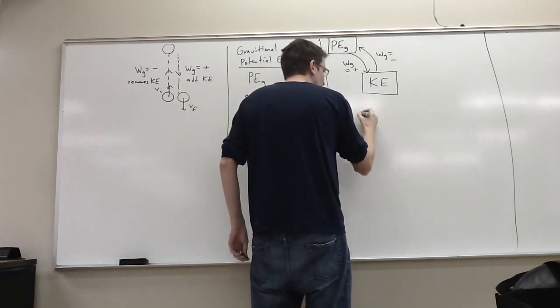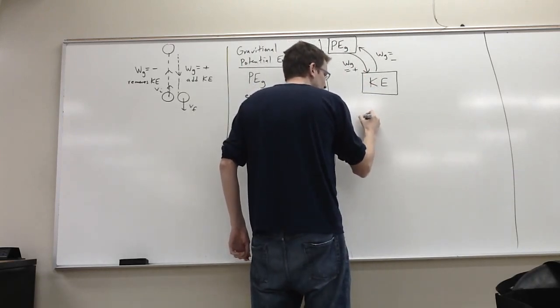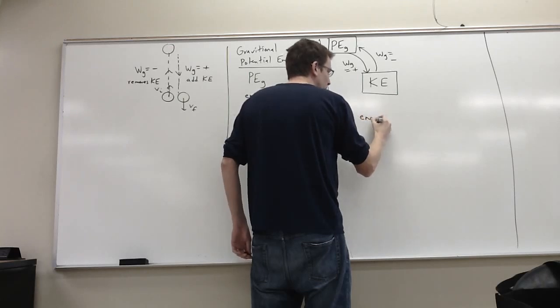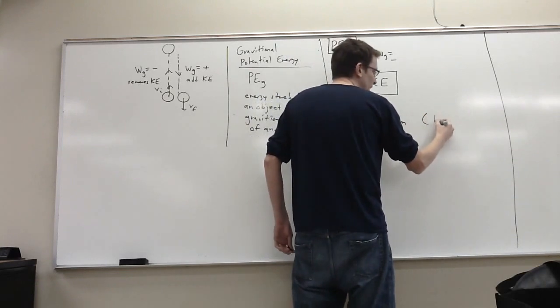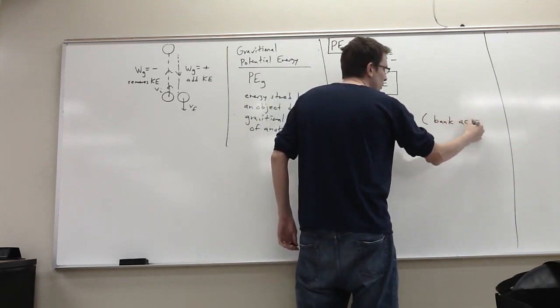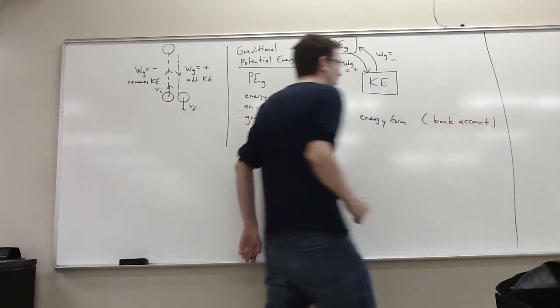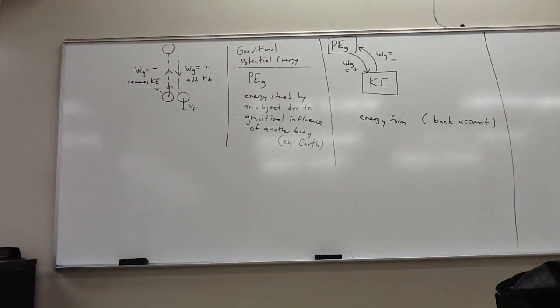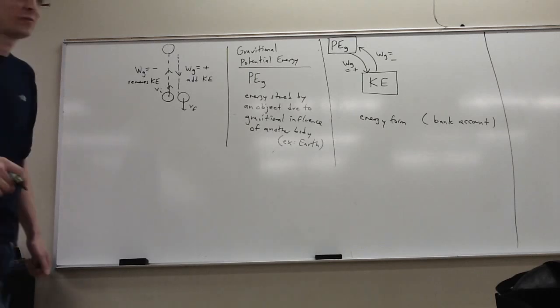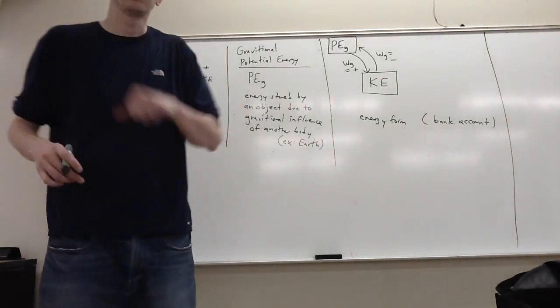So the energy form is like a particular bank account. So that could be KE or PE. And we now understand work in a completely different way. Work is actually the transactions.